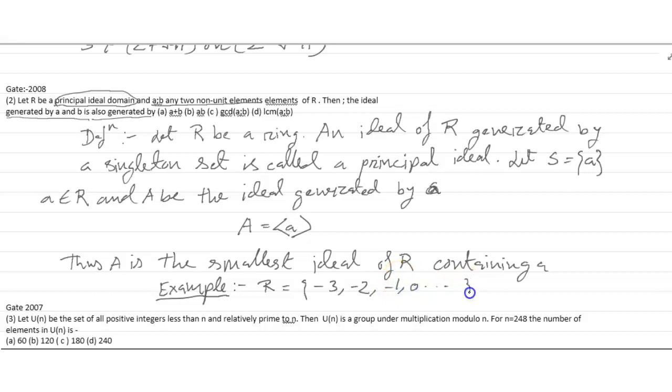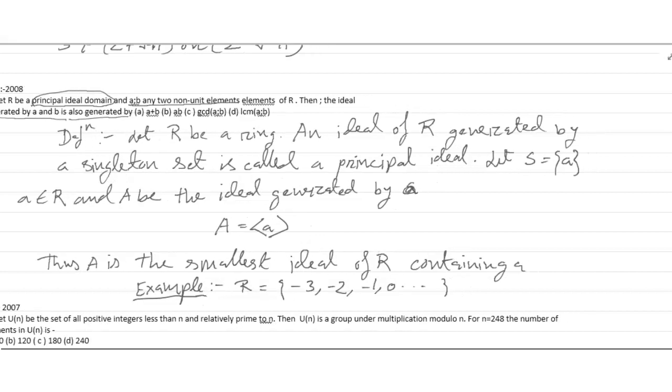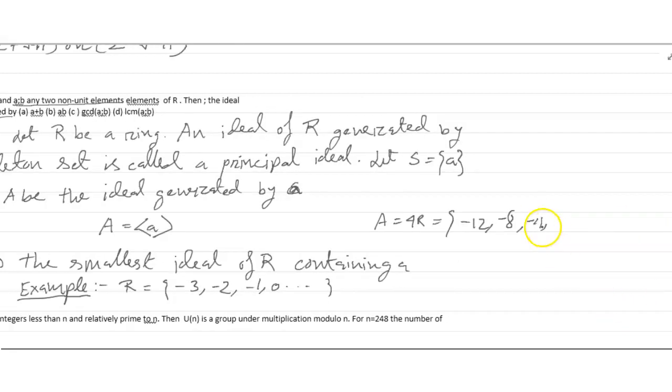This is a ring, and A = 4R, so the values are -12, -8, -4, 0, 4, and so on. So friends, A equals 4R. S can be denoted as {4}, S is generated by 4.